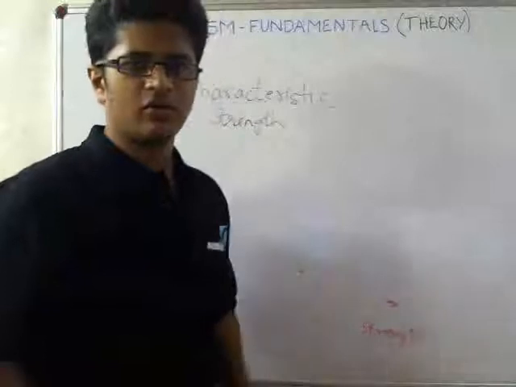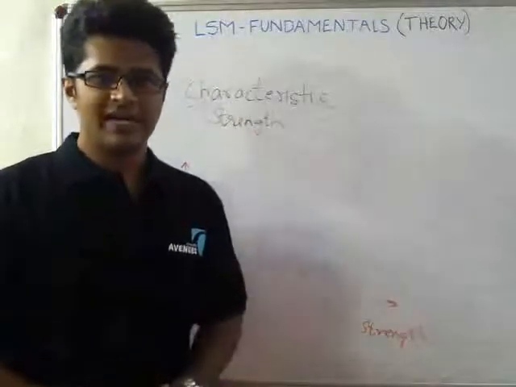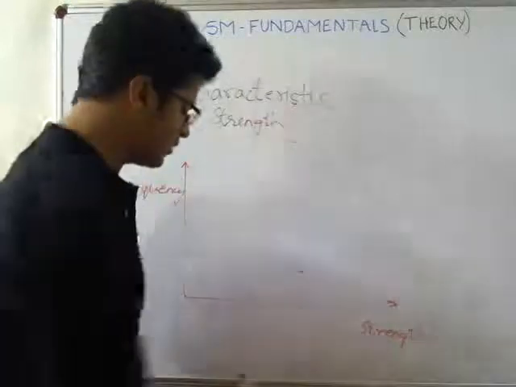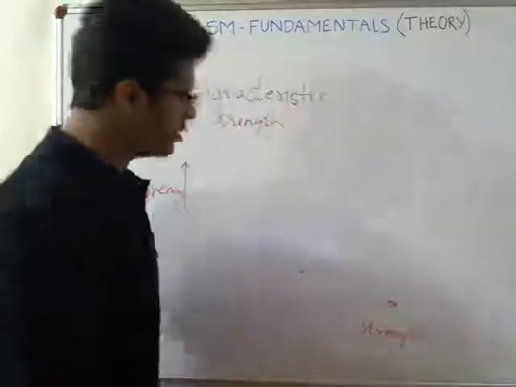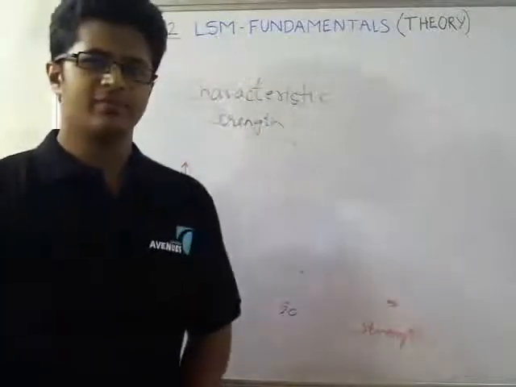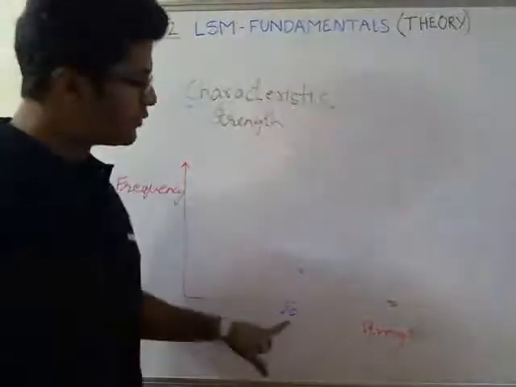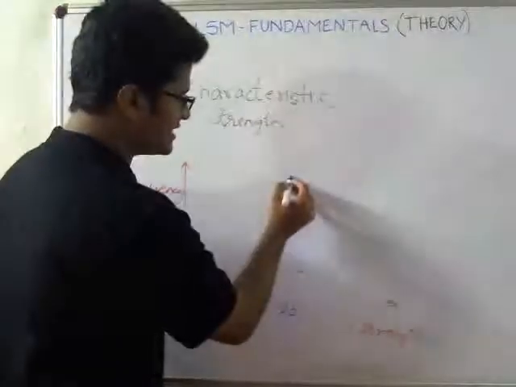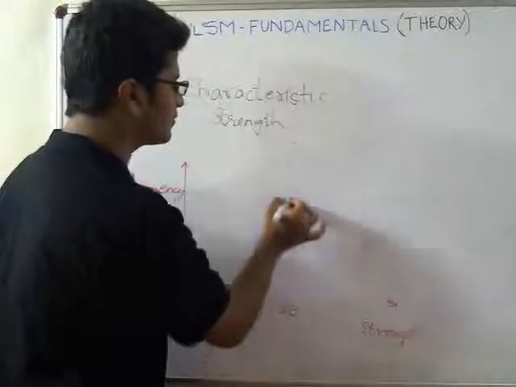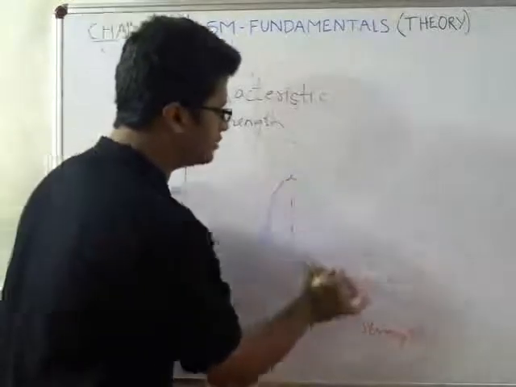Similar to characteristic load, suppose you consider an M20 grade cube. There is a high possibility of it attaining 20 Newton per mm square as its strength. So the frequency of the cube showing 20 will be high, and as you move away from 20, the frequency of the number of cubes reduces.